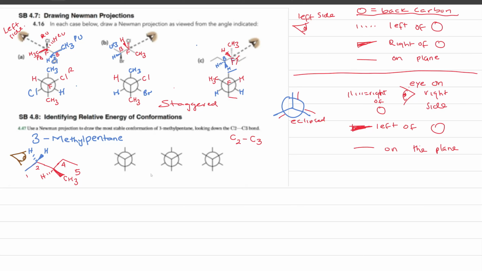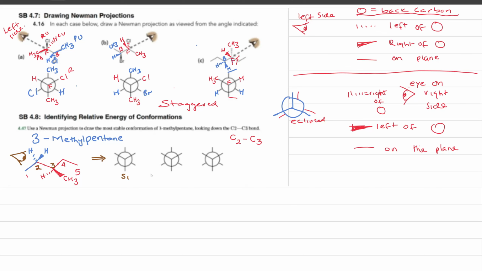So we need to look through C2, C3. If they said C3, C2, then our eye would be on the right. So once you establish that, we'll get our first staggered. We'll call it S1 and then rotate to get S2, and then rotate to get S3.